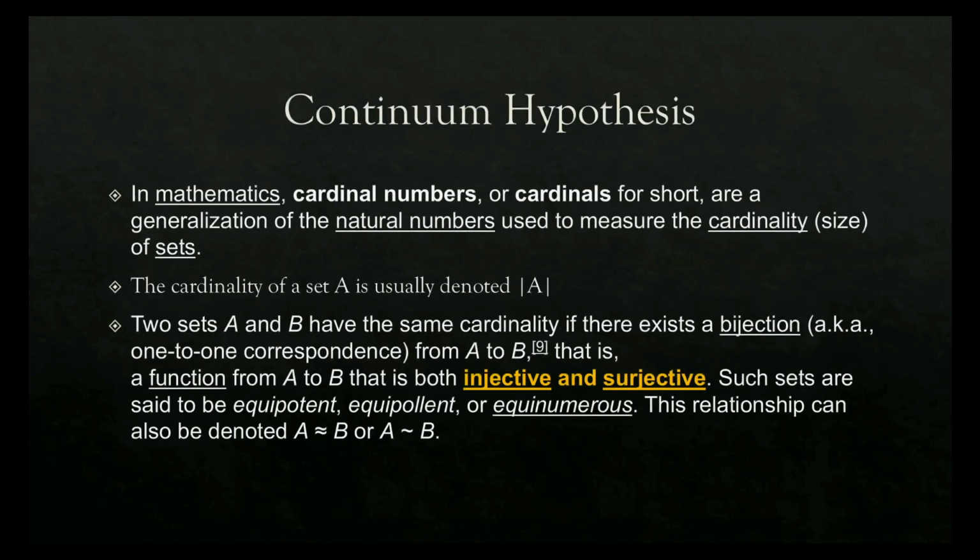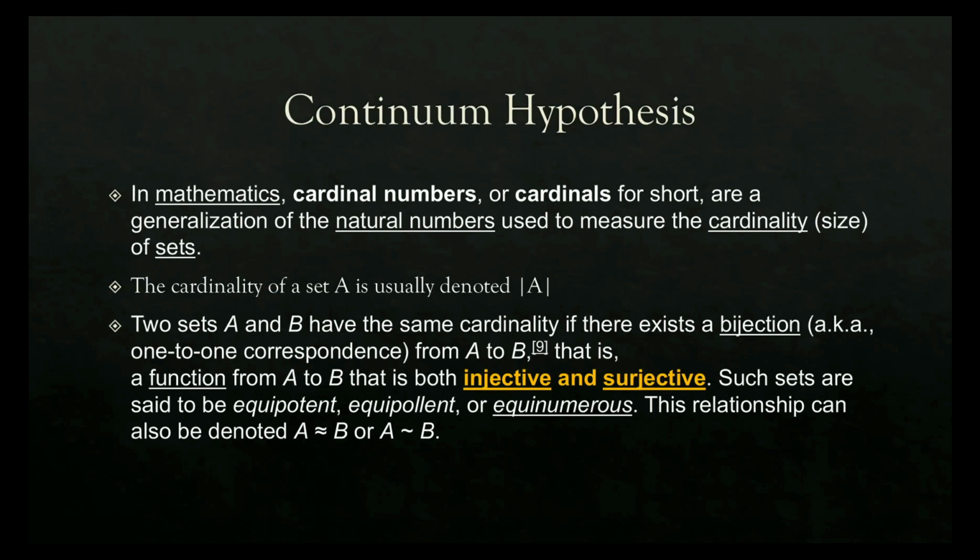Now, how we will do this is derived from George Cantor and his initial proposition that there are, in fact, no numbers in between the two that have a strict cardinality, or there are no sets between the naturals and the reals that have a set of numbers that are strictly, as you can see here, injective and surjective.